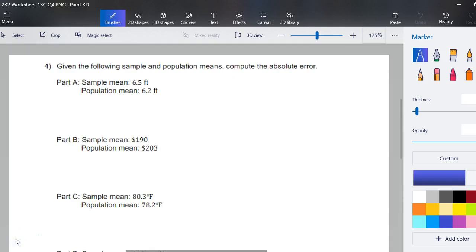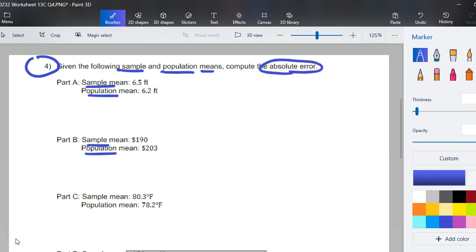So finishing up this lesson, question 4 says, given the following sample and population means, and so look at what we've got, a sample mean, a population mean, a sample mean, a population, you get the idea. Compute the absolute error. So I'm going back to where we saw this earlier, and it said absolute error, and you're memorizing this.